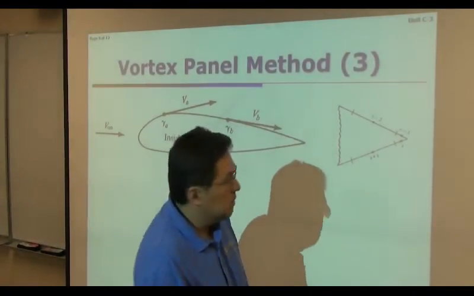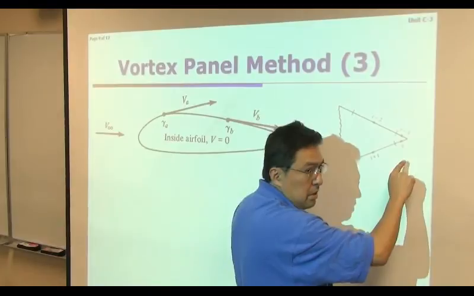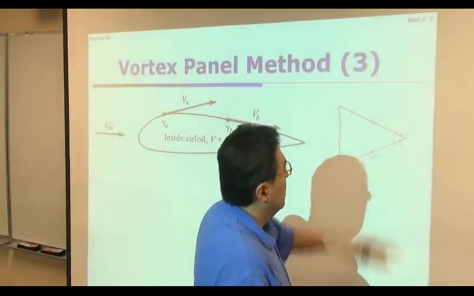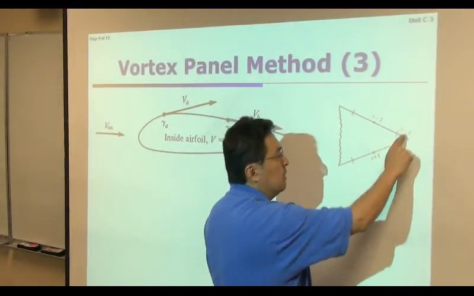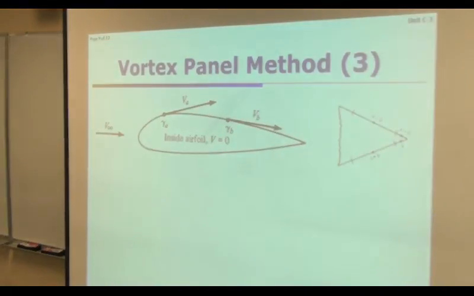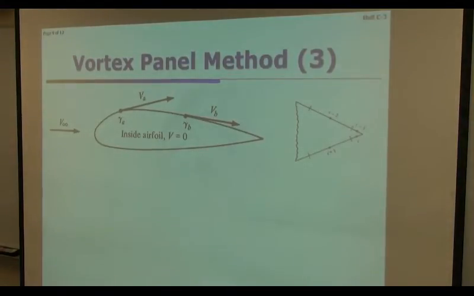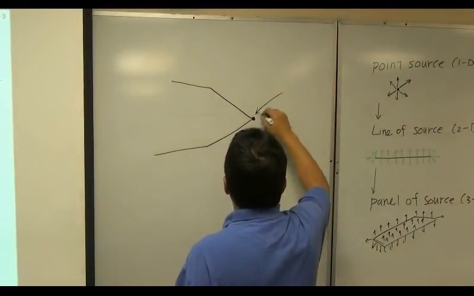Okay? Suppose if the magnitude of this panel, which is circulation per unit length of that. How about magnitude of this panel, which is also circulation, which is equal and opposite to each other. Okay? Then you're going to cancel the circulation at the trailing edge. So right here is trailing edge.